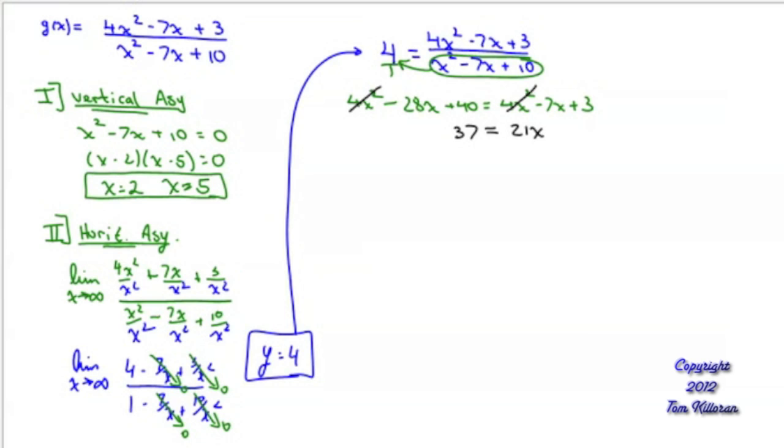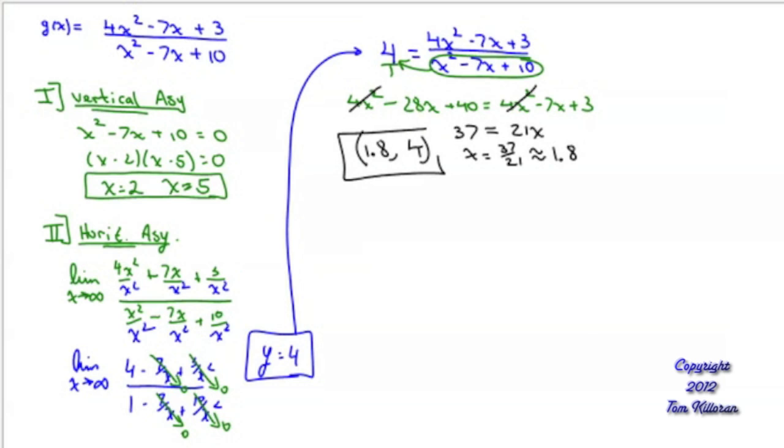Careful with your signs, and don't depend on your calculator too much. So we get x is equal to this beautiful number, 37 over 21. Now 37 over 21 is equal to what decimally? 37 over 21 is equal to 1.76. So 1.8. So we found this coordinate, we're going to just plot it as 1.8 comma 4.